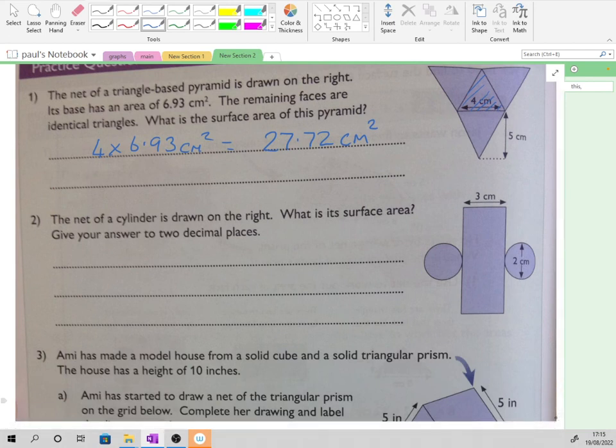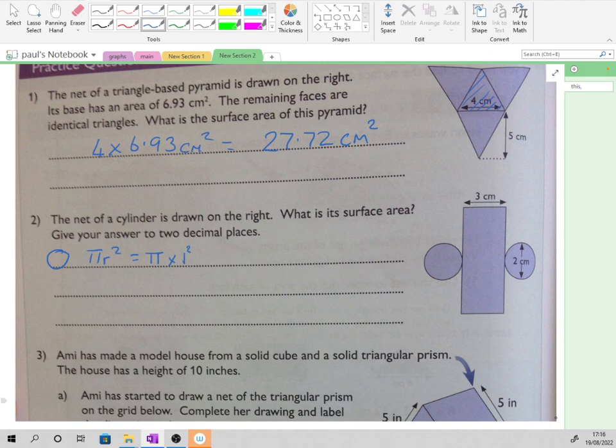Ooh, no, look at that down the bottom. The net of a cylinder is drawn on the right. What's the surface area? So we're going to have to do all that, to 2 decimal places. The circle area is pi r squared, which equals pi times the radius, which is half of 2, so 1 squared.